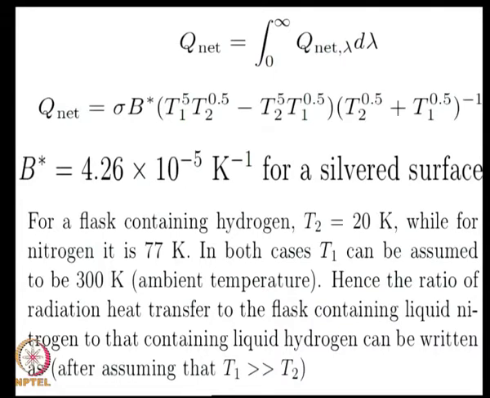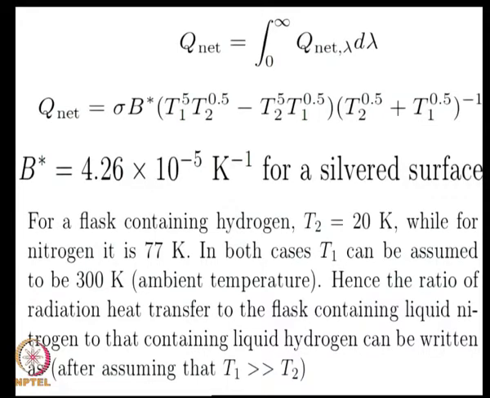So, here I have given a typical number for a silver surface. So, we have to calculate this for a case when there is hydrogen, when T2 is 20 degrees Kelvin, for nitrogen, 77 K. In both cases, T1 will be taken as ambient temperature.